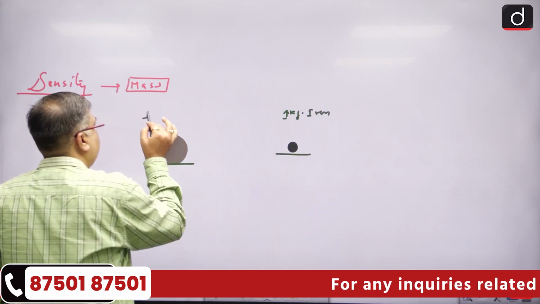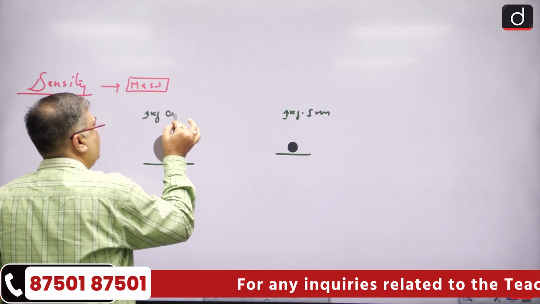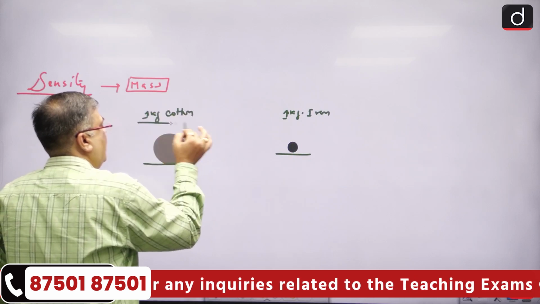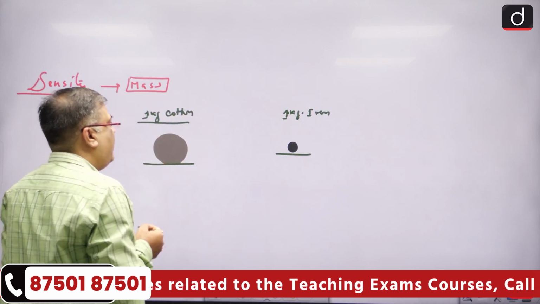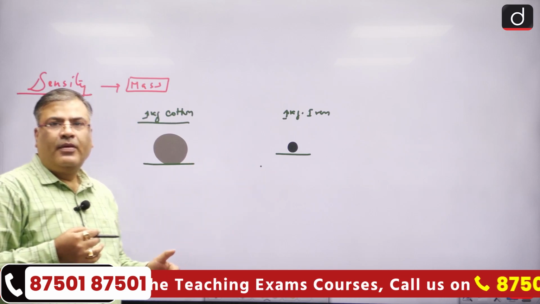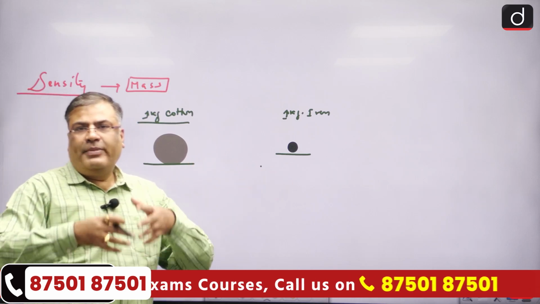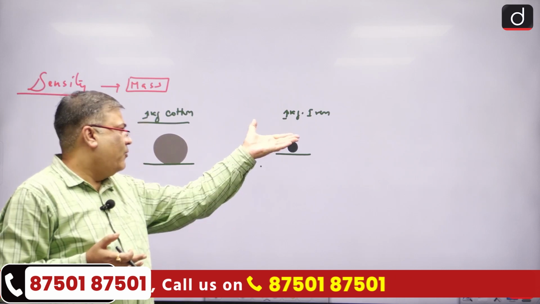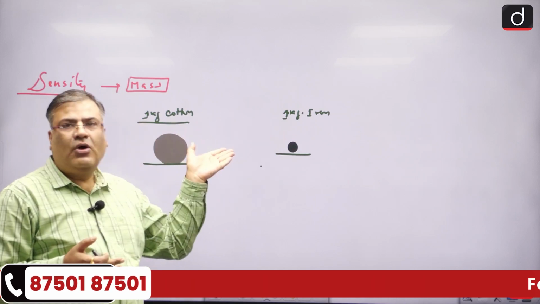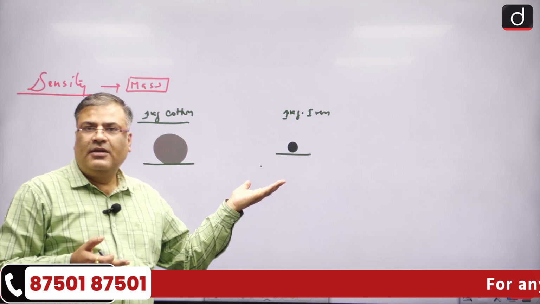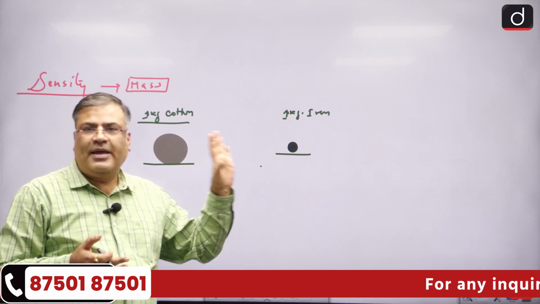Which would be heavier? Very obviously you would be laughing, the 1 kg iron and the 1 kg cotton have the same weight. The weighing machine would show the same figure.